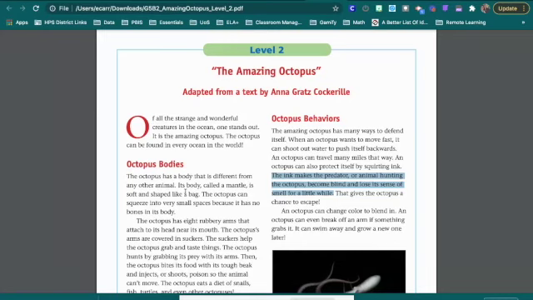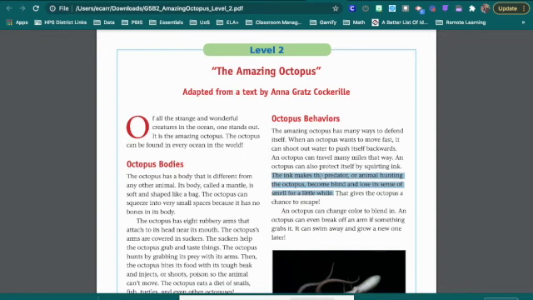Here is an article called The Amazing Octopus that we've looked at before, written at a second grade level. And why I'm showing you this is because I want us to note how the author teaches us the vocabulary word predator. If you look at this highlighted text, here's what it says.